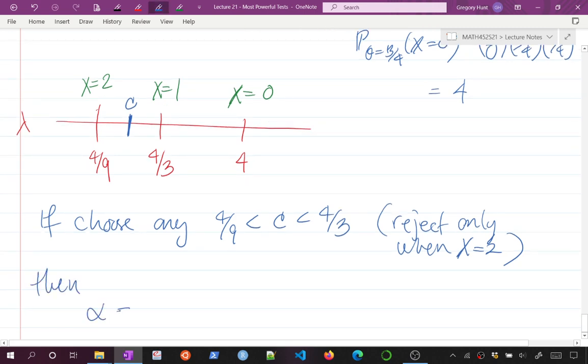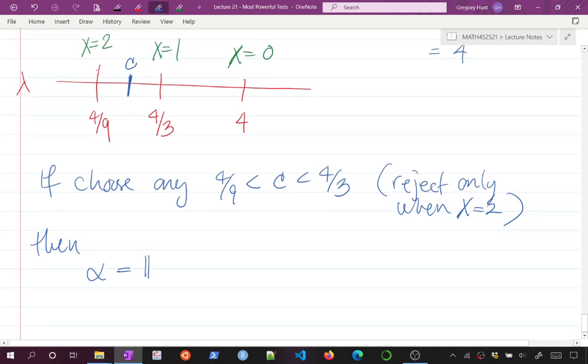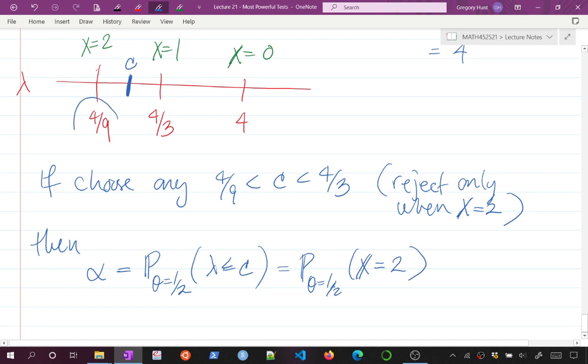Then my size, which is the max probability of type 1 error, and there's only one thing in my null, so this is the probability when theta is 1/2 and lambda is less than C. If I put my C here, then this is the probability when theta is 1/2 that x is 2, because I'm only going to see a lambda less than that C value when x is 2. So that's when I'm going to reject. My rejection region is exactly x equal to 2.